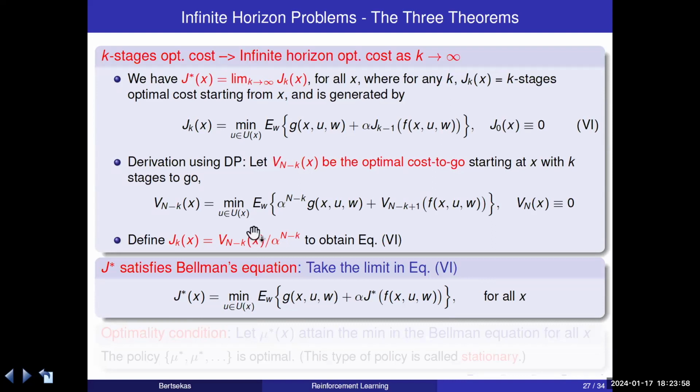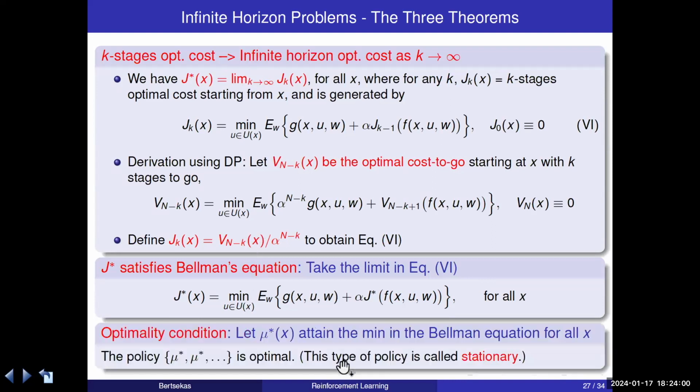So theorem number 3 says that if you manage to solve Bellman's equation and have J star, then by minimizing on the right-hand side, you obtain an optimal policy. If mu star of x attains the minimum in Bellman's equation, then the function that you obtain of x gives you an optimal policy, which is stationary.